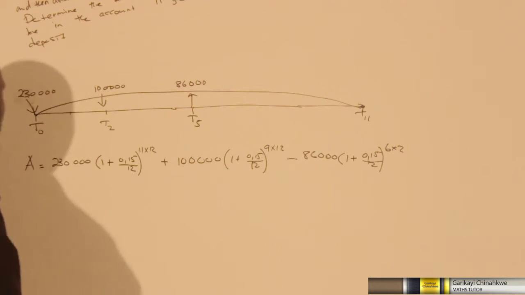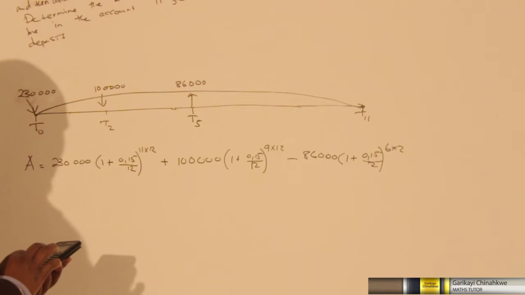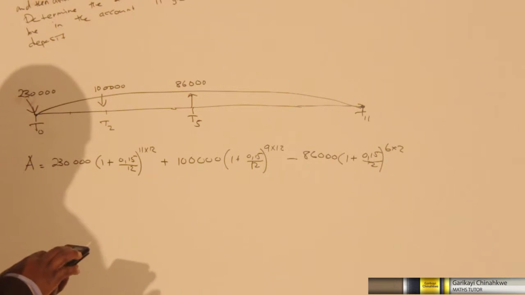Just punch this once into a calculator, then you get the answer. 230,000 times 1 plus 0.15 over 12 to the power of 11 times 12, plus 100,000 times 1 plus 0.15 over 12 to the power of 9 times 12, minus 86,000 times 1 plus 0.15 over 12 to the power of 6 times 12.